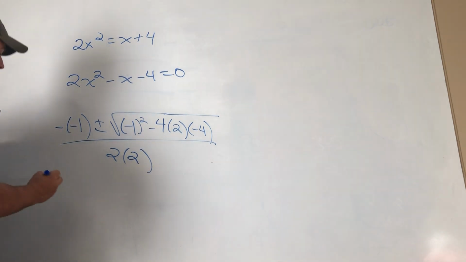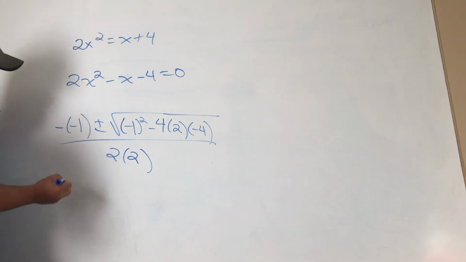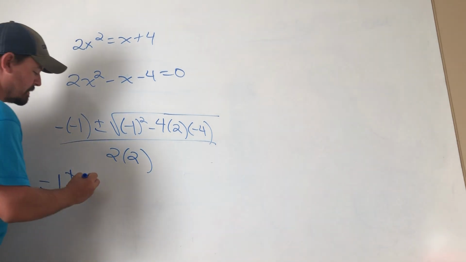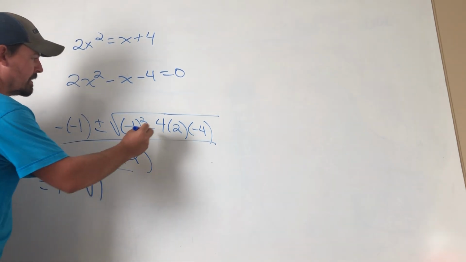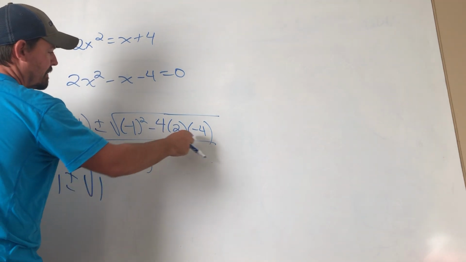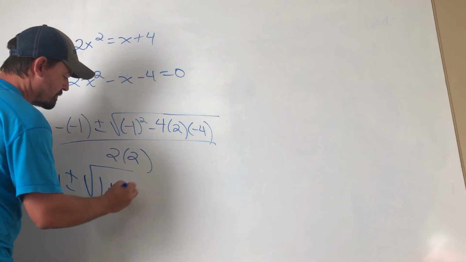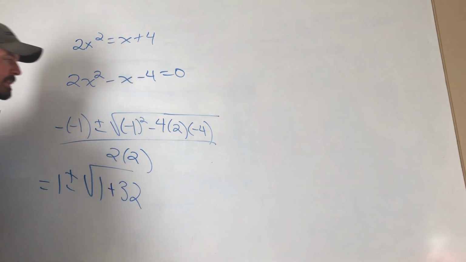So what I get here: negative 1 times negative is a positive 1, plus or minus the square root of negative 1 squared, which is a positive 1. Then negative 4 times 2 is negative 8, and negative 8 times negative 4 is negative 32. So it's actually positive 32, because negative and negative make it positive.